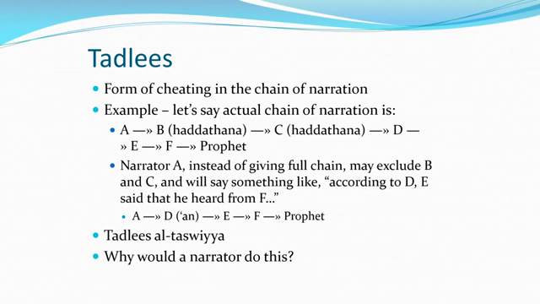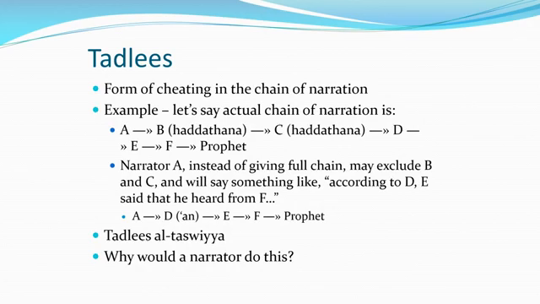However, other reasons may be more benign, such as that narrator A simply wants the chain to be shorter because it's more praiseworthy for him to be closer to the Prophet in the chain of narration. Now, this may sound a little silly to you, but this was a huge deal for hadith scholars, that if they could say that the hadiths they were teaching were from the Prophet in a short chain of narration, that made them much more prestigious as teachers.